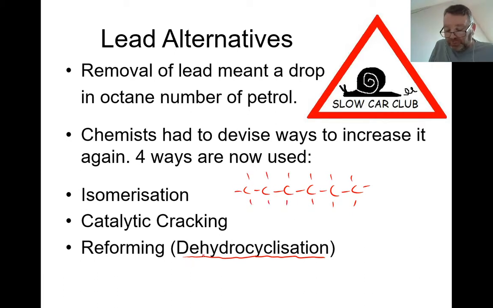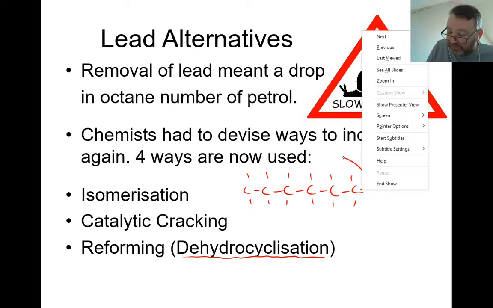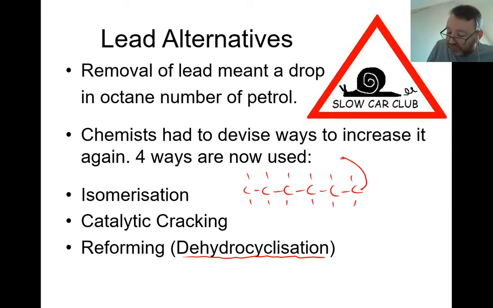What does dehydrocyclization mean? Dehydrocyclization means that first of all we remove the terminal hydrogens, so that one and that one. That's the dehydro part done. Now, what does cyclization do? It ties this terminal carbon to this one, giving you carbon, carbon, carbon, carbon, carbon, and carbon.